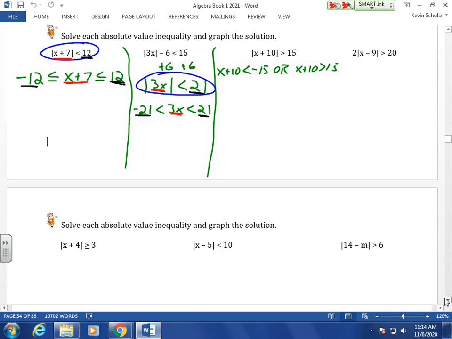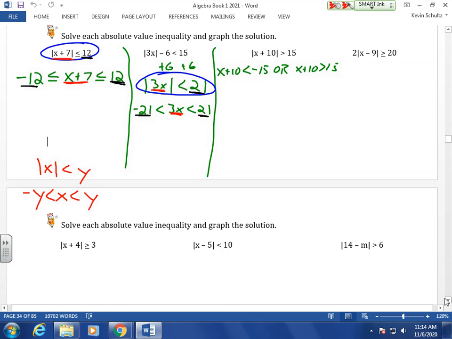If you've got the absolute value of x is less than y, and don't write this down if this is going to confuse you, okay? It's just another way to kind of help you visualize this. But for any absolute value inequality, the absolute value of x less than y, your compound inequality is going to be the negative value of y is less than x, which is less than the positive value of y, right?